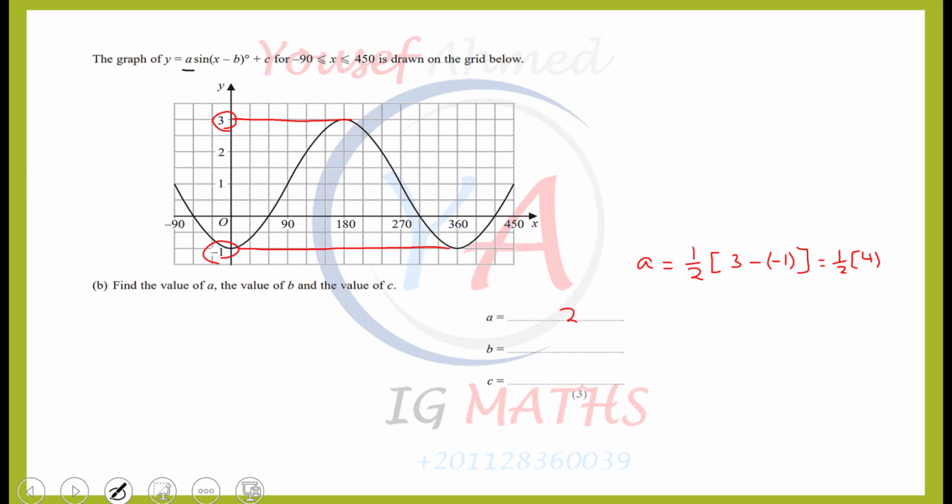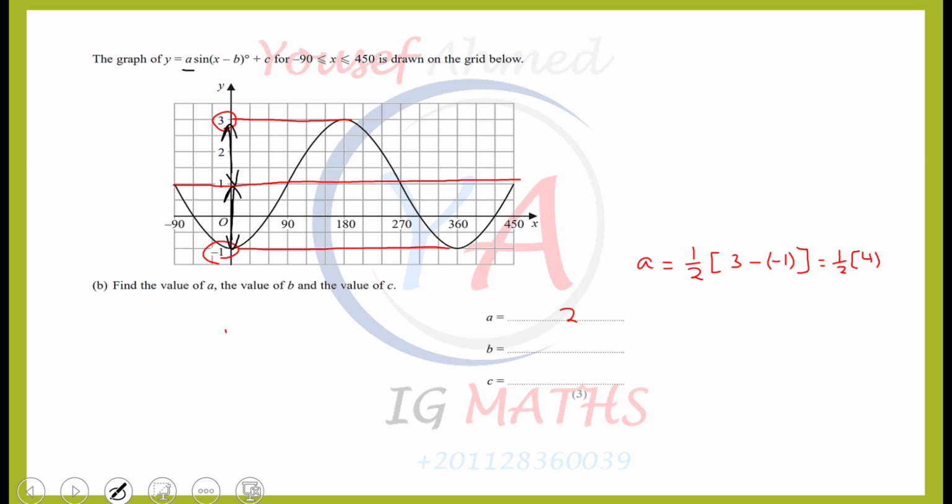If you want to draw the middle line here, you check how many units are between both of these. Here you find 1, 2, 3, 4, so you can draw a line exactly in the middle. You find the difference is 2 steps in between, so the value of a is 2.